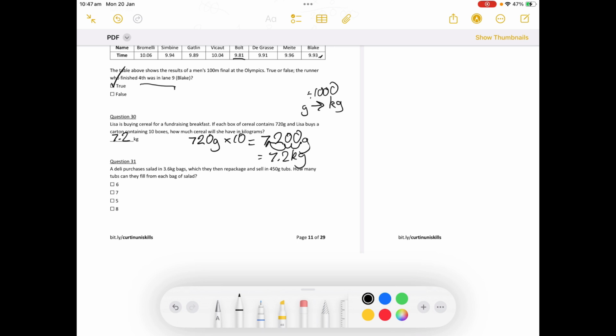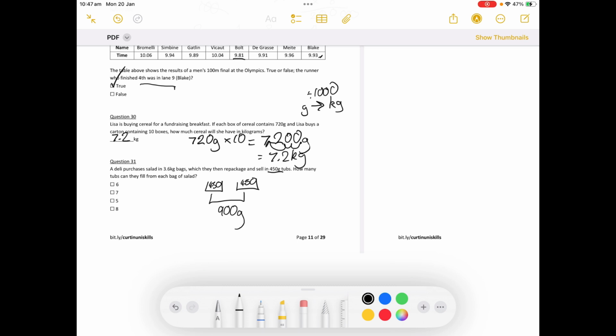So 450 grams. Let's see. So I've got my first tub, 450. Alright, my second tub is 450. Now 2 tubs make up 900 grams, okay?